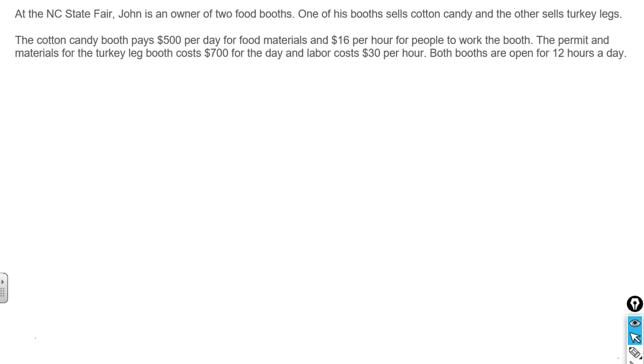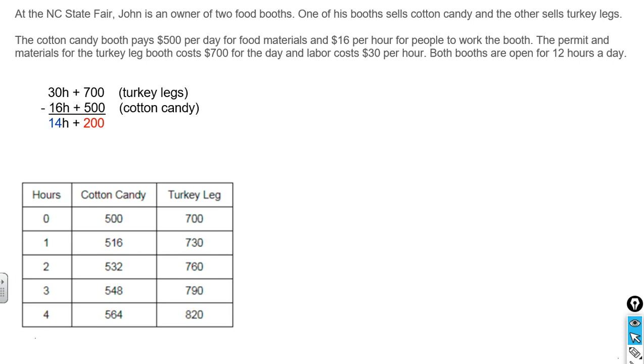So if we look at the equations, if we subtract the cost of the cotton candy booth, 16H plus 500, from the equation we came up with for the turkey leg booth, 30H plus 700, we end up with a difference of 14H plus 200.